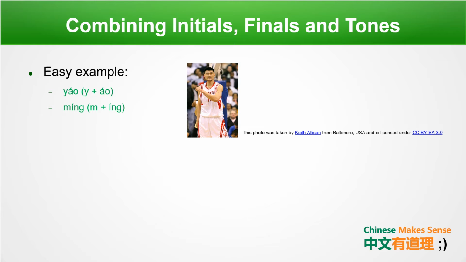For yao, Y is the initial, the final is ao, and the tone is placed over A because it always goes on A or E. So combining them makes yáo, and for ming, the initial is M, the final is ing, and the rising tone goes over the I because it's the only vowel, so it would be míng. Combining them makes Yáo Míng.